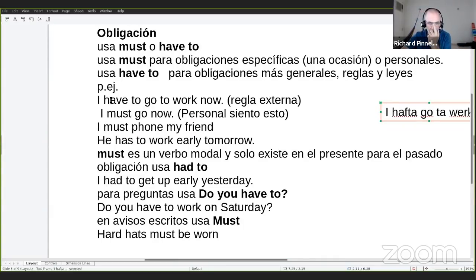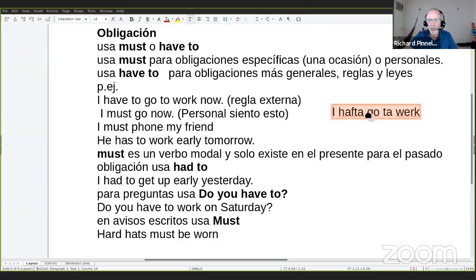Israel. I have to go to work now. I have to work now. I have to go. Falta la palabra go. I have to go to work. I have to go to work now. Very good. Nancy. I have to go to work.